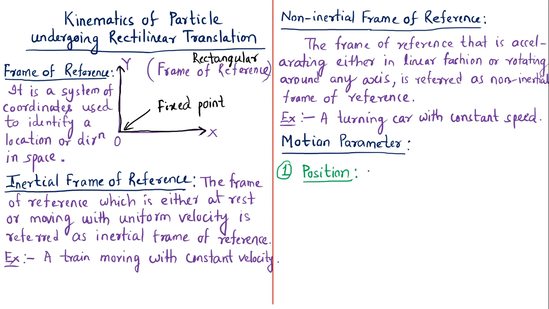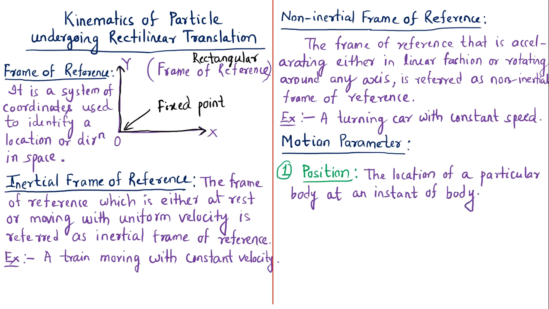Position means the location of a particular body at an instant of time. Instant of time means at a particular instant, what is the location of the body, that is known as position.